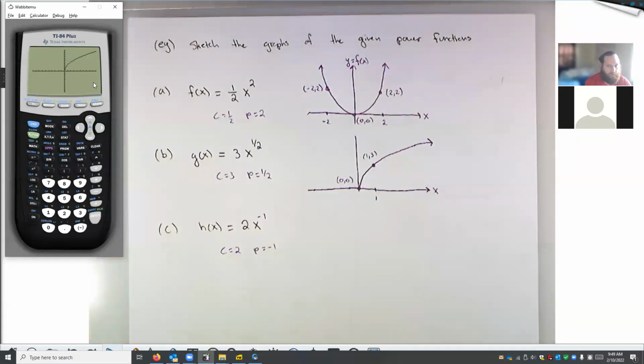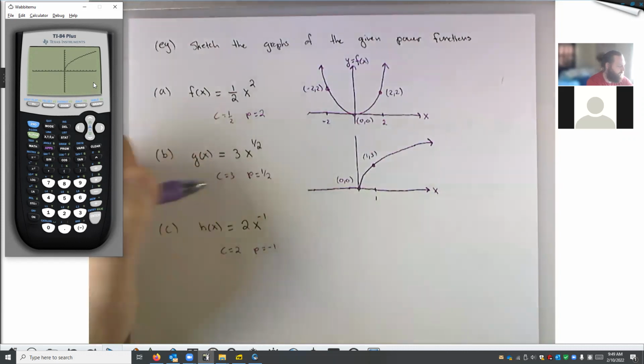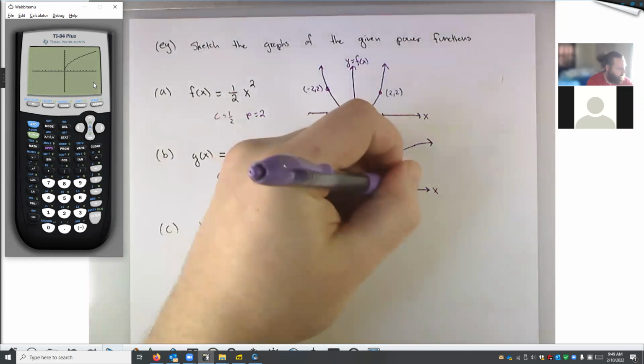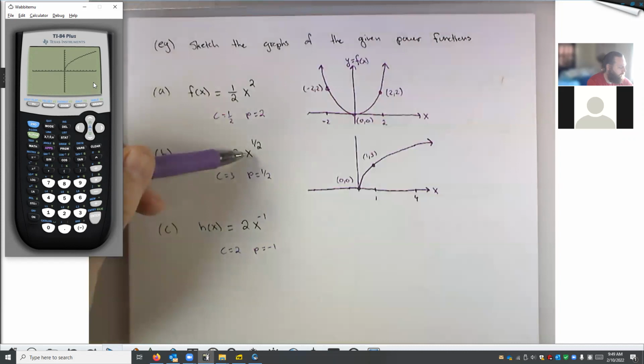And then the next number that's going to be nice to plug in here would be the next number that is a perfect square, right? This, again, this 1/2 power is a square root. So I'm going to jump out to 4. If we were to plug 4 in here, g of 4 would be the square root of 4, which is 2, times 3. 2 times 3, that's 6.